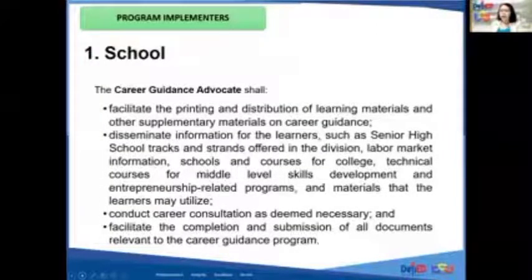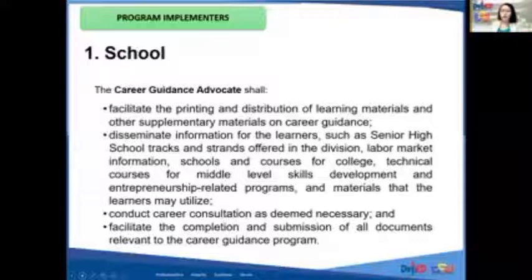And then here, the career guidance advocate. So, ano yung task or ano yung roles and responsibilities niya, no? Facilitate the printing and distribution of learning materials and other supplementary materials on career guidance, no? So, maaring kasing printed or maaaring soft file yung i-distribute.